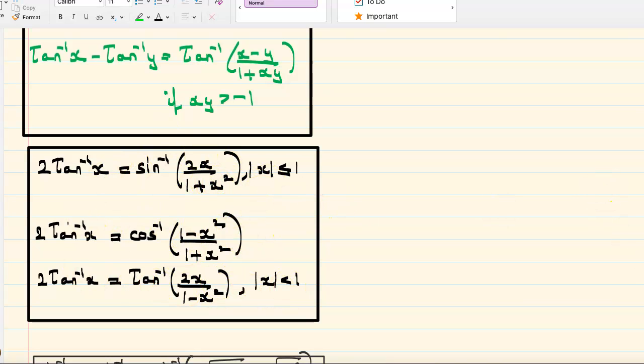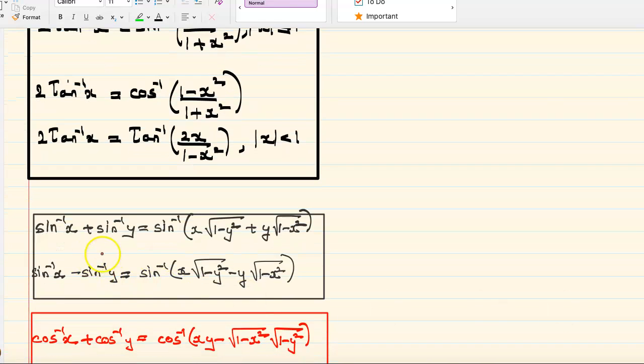These are useful in solving problems when you have 2 tan inverse x to convert it to sin inverse, cos inverse or tan inverse. Then I have sin inverse x plus sin inverse y is sin inverse of (x root 1 minus y squared plus y root 1 minus x squared). Sin inverse x minus sin inverse y is sin inverse of (x root 1 minus y squared minus y root 1 minus x squared).